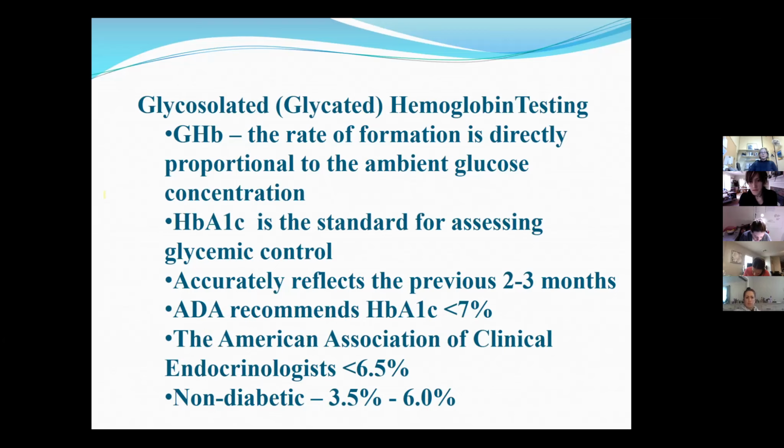In diabetics, we aim for them to have an A1C that is less than 7%. That's the American Diabetic Association's recommendation. And the American Association of Clinical Endocrinologists would like to see it even a little bit lower at 6.5%.